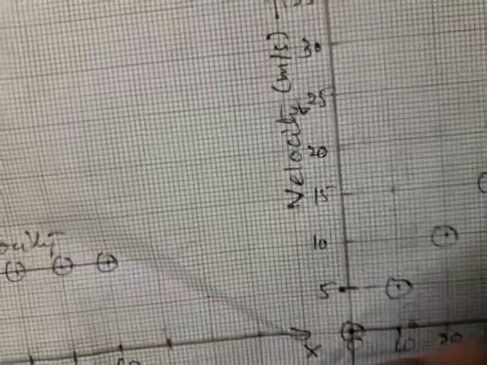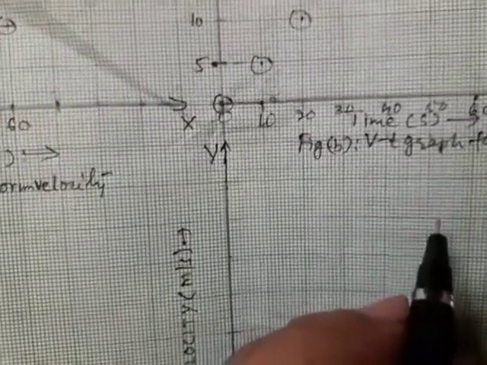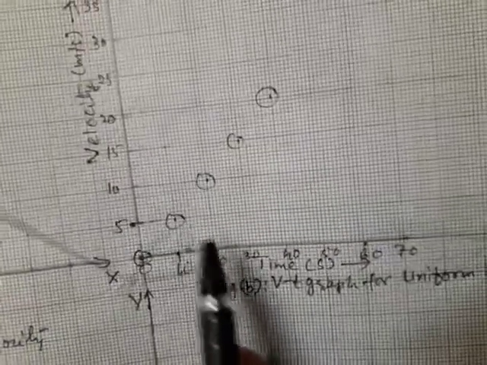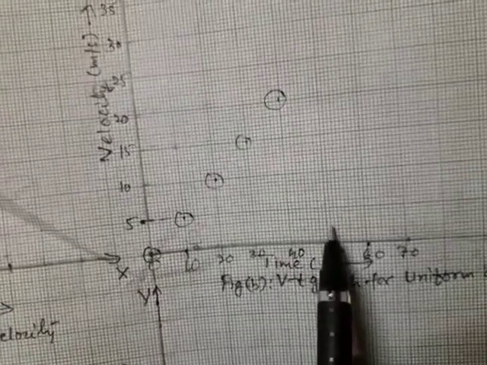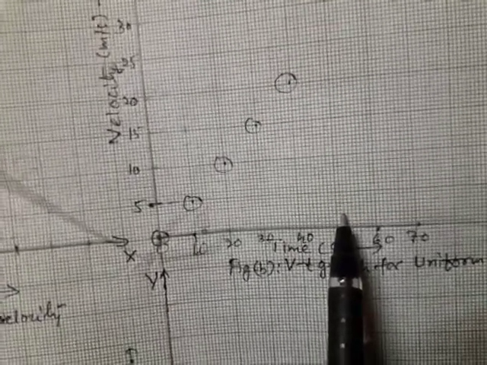After 40 seconds the velocity is 20, and after 50 seconds the velocity is 25.